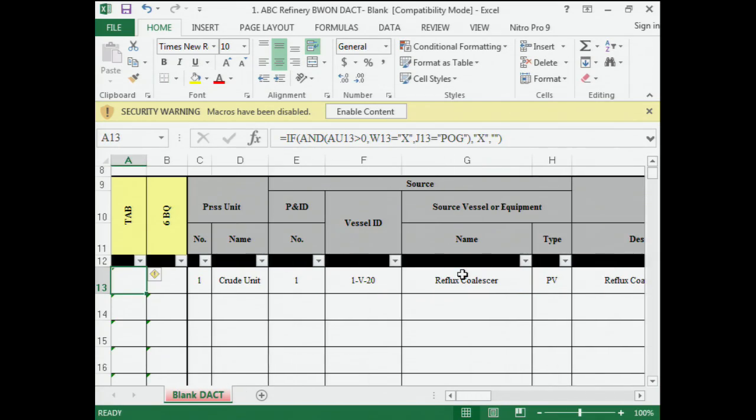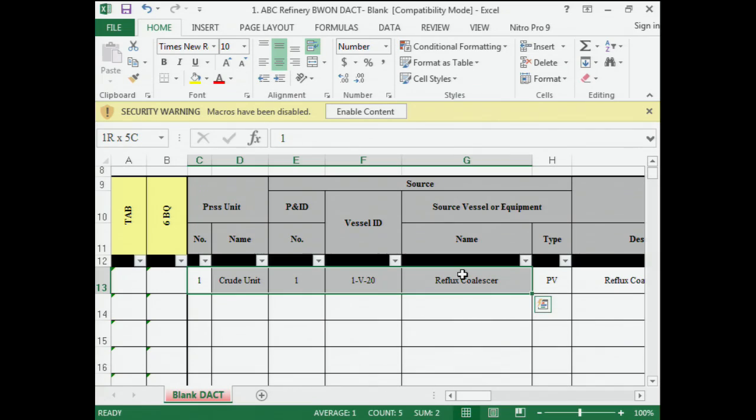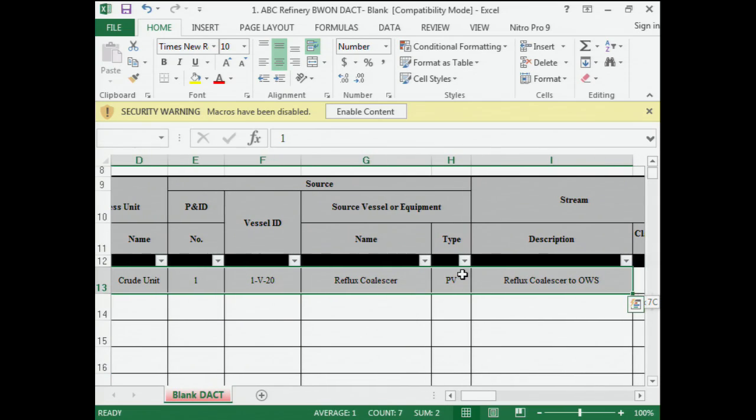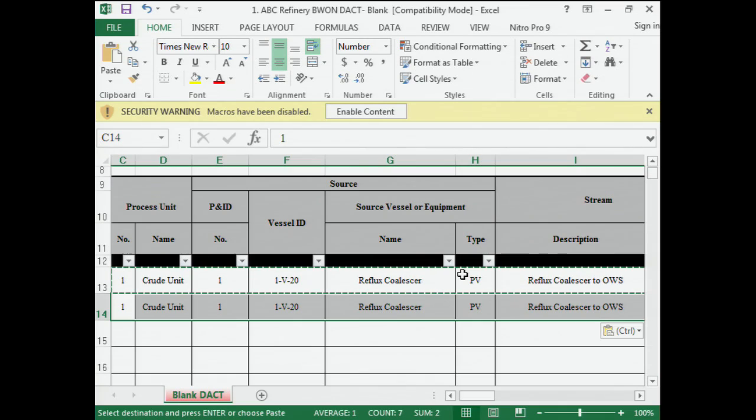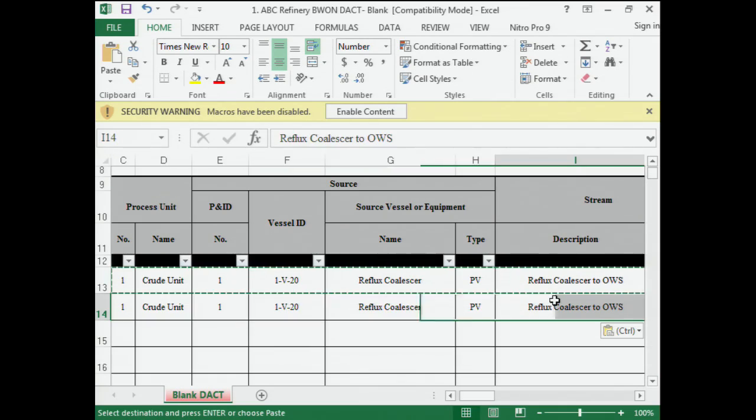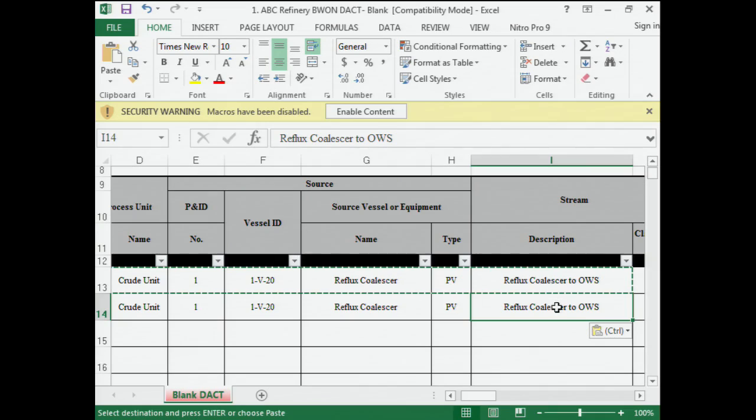And again, for this one, I'm just going to copy this because I have 3 more streams that are going to be the exact same thing except for where it's going. So that other stream to the sewer is off of the water boot. So it's coming off of the same vessel, right? So all of that stays the same.